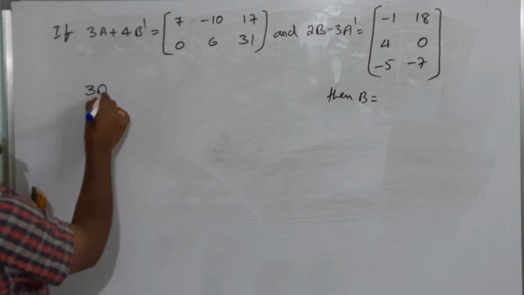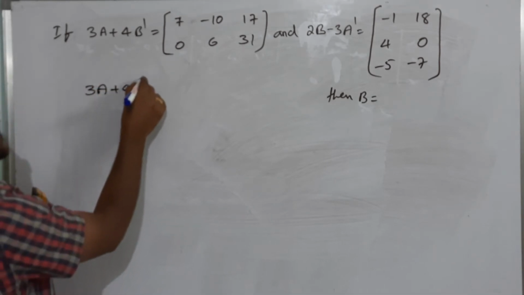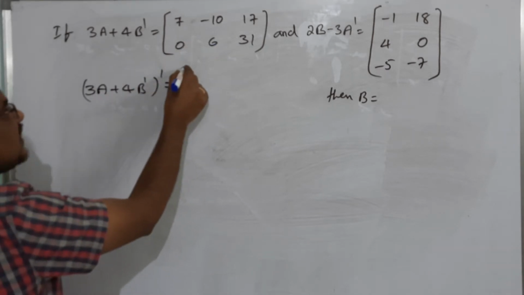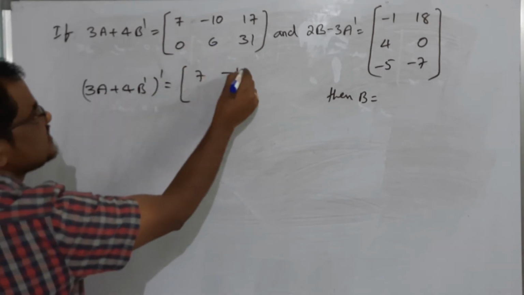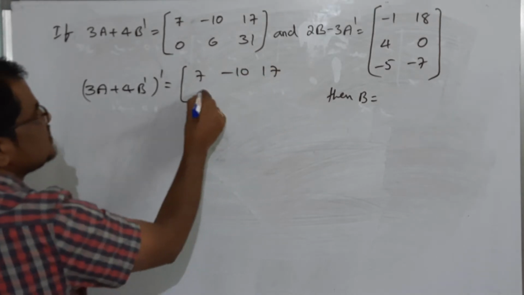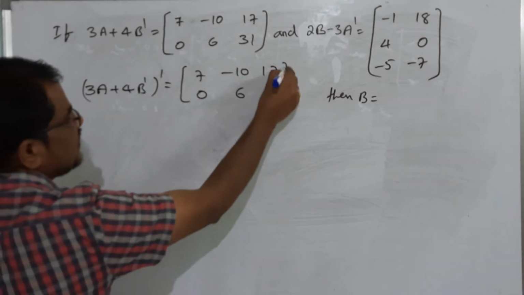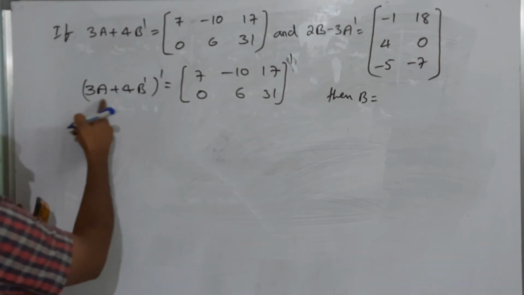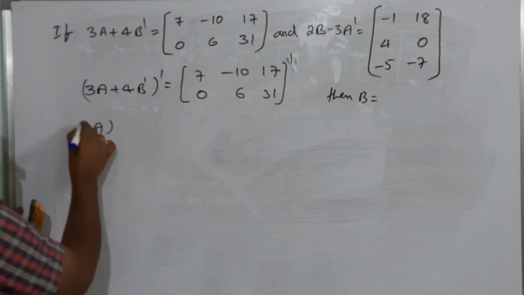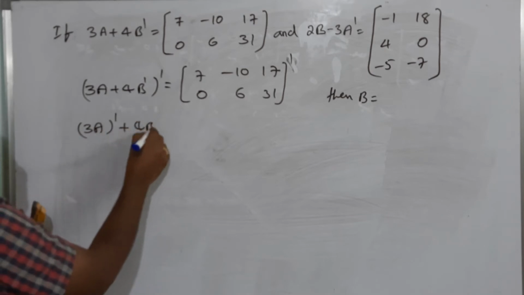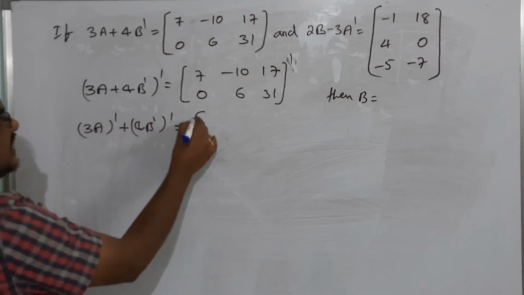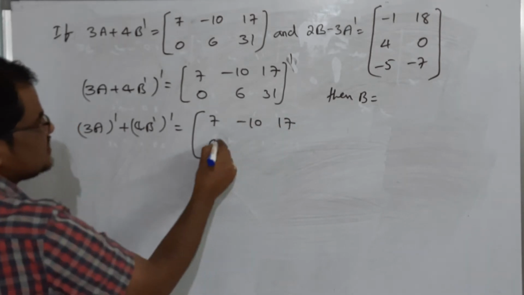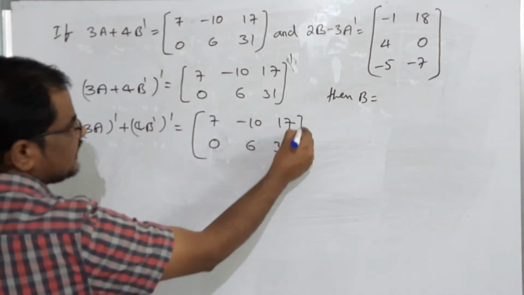What you will get: (3A plus 4B dash) whole dash equals the transpose of [7, -10, 17; 0, 6, 31], whole dash. So that is 3A whole dash plus 4B dash whole dash equal to [7, -10, 17; 0, 6, 31].